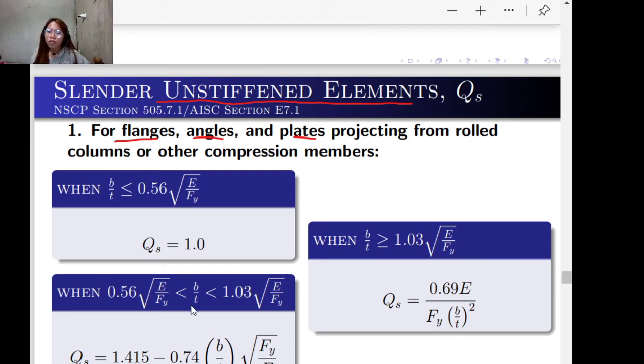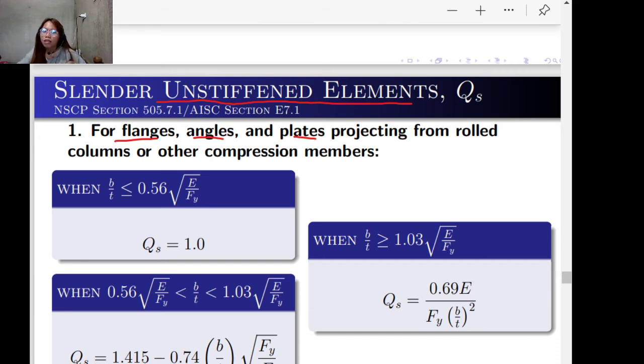When this b over t is greater than 0.56 square root of E over Fy, but less than 1.03 square root of E over Fy, use Q sub S equal to 1.415 minus 0.74 b over t square root of Fy over E. But this is for non-compact; for slender elements, when b over t is greater than or equal to 1.03 square root of E over Fy, use Q sub S equal to 0.69 E over Fy times b over t squared.